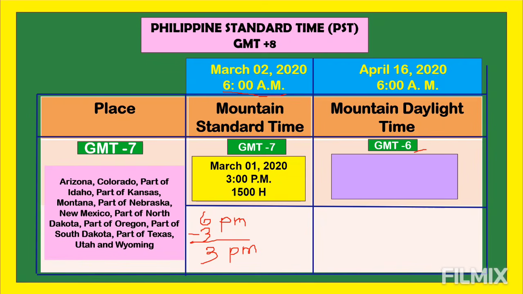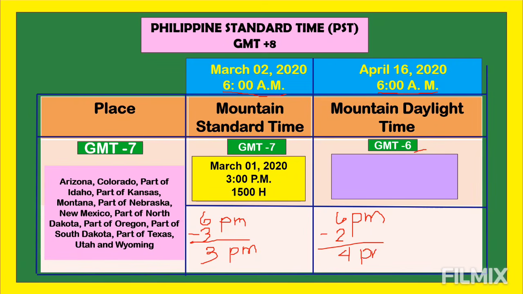For Mountain Daylight Time, their GMT now becomes -6. So, Philippines is just 14 hours ahead than them. So again, we're going to get the exact opposite of 6 a.m. that is equal to 6 p.m. Since that is 14 hours ahead, 14 minus 12 is equal to 2. We're going to subtract it here by 2. Then that is equal to 4. Then copy PM.